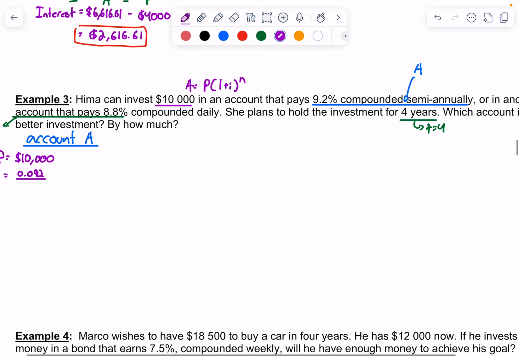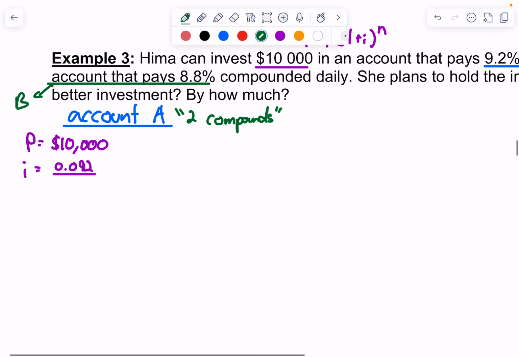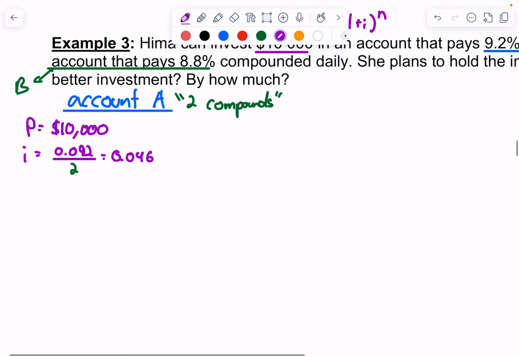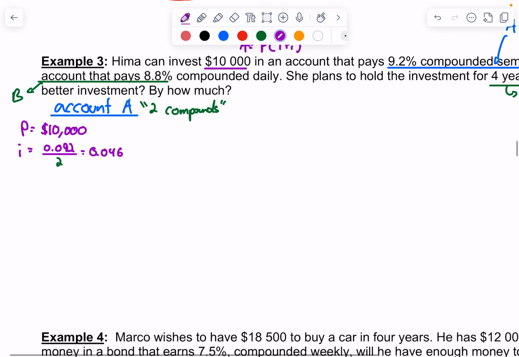In this case, semi-annually tells you that there are 2 compounds. So we are doing 0.092 divided by 2, and we get an interest rate of 0.046.